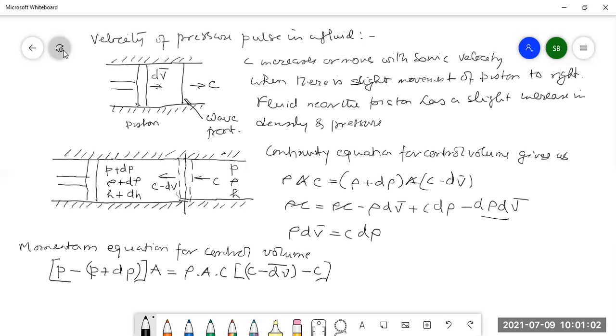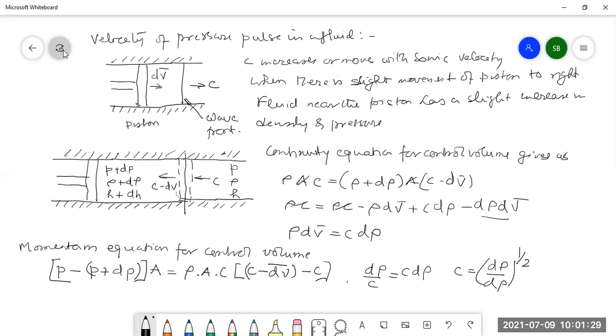This equation will reduce to, from these two equations, dP divided by dV is equal to C into d rho hmm, and thus C is equal to the square root of dP by d rho.